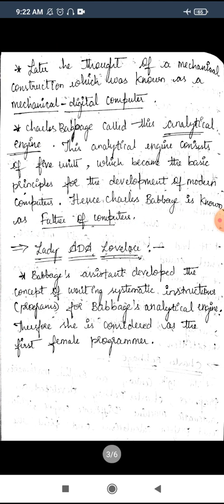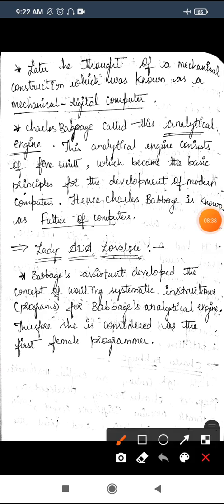Okay, so next, Charles Babbage thought of a mechanical construction known as the mechanical digital computer. Until now, only automatic mechanical machines existed. Now mechanical digital computers were developed by Charles Babbage, who gave this mechanical digital computer a name: the analytical engine.